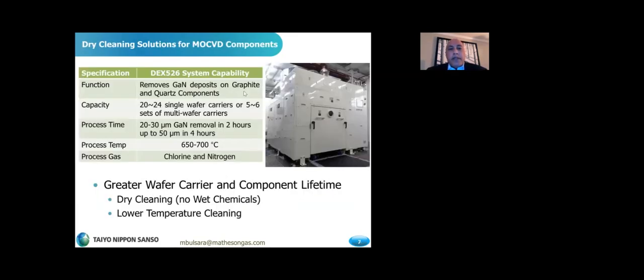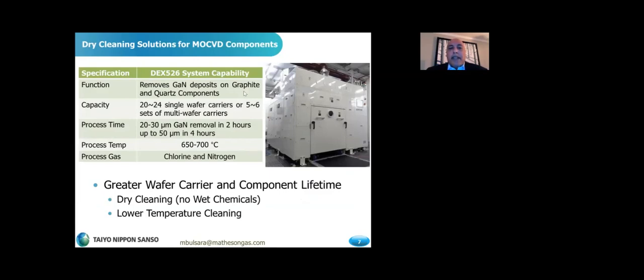In addition to the film processing, dry cleaning solutions for MOCVD components has gained prominence because dry cleaning of carriers and components allows for low temperature cleaning processes and the elimination of wet chemical processes which could erode the material quality.